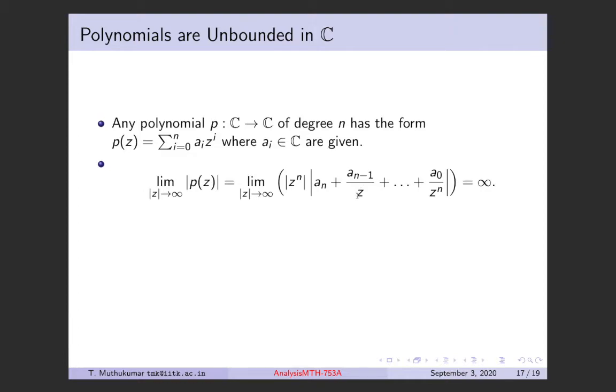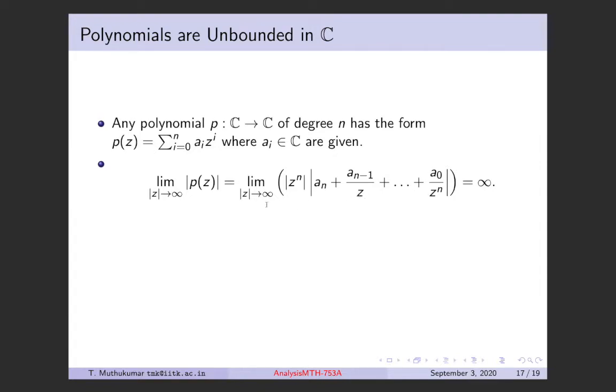So what you have here is the powers of z in the denominator after the first term. Now when we take the limit as mod z goes to infinity, you see that all the terms from the second onward go to 0, right? Because z goes to infinity, it's all in some 1 over z form.